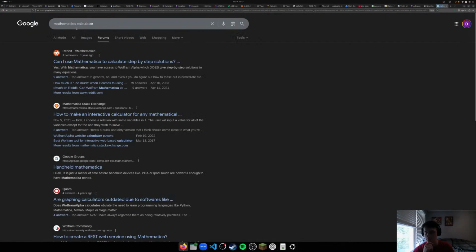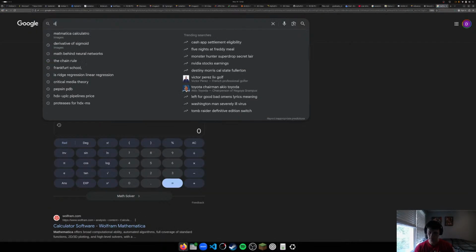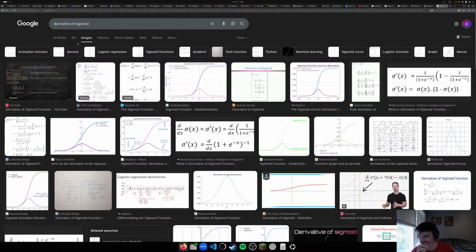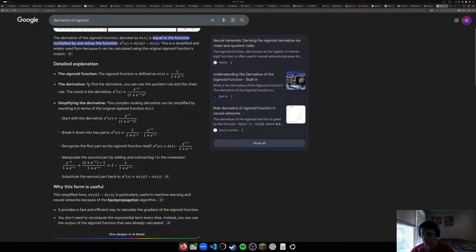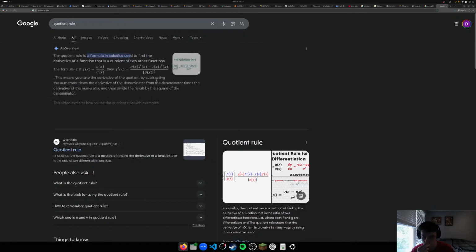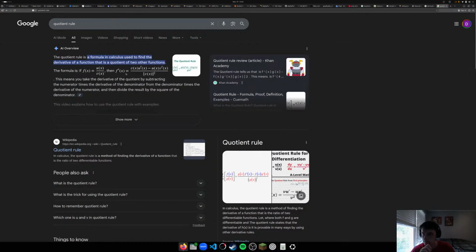So there's rules. Okay. The derivative, you can use the quotient rule and the chain rule. So the quotient rule is when two things... yeah, I completely forgot about that.